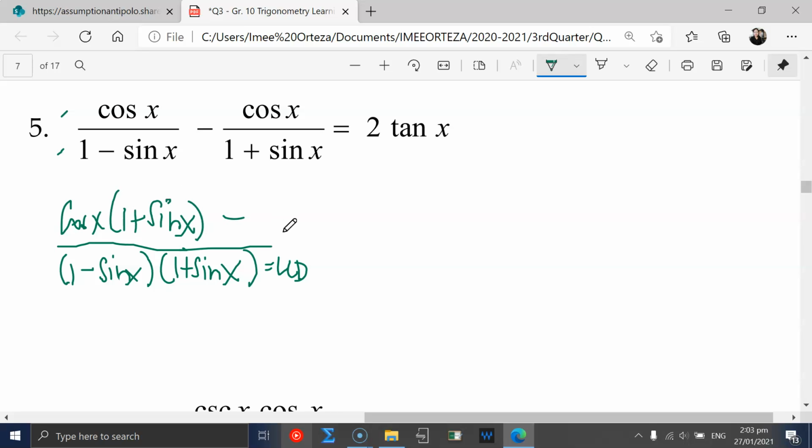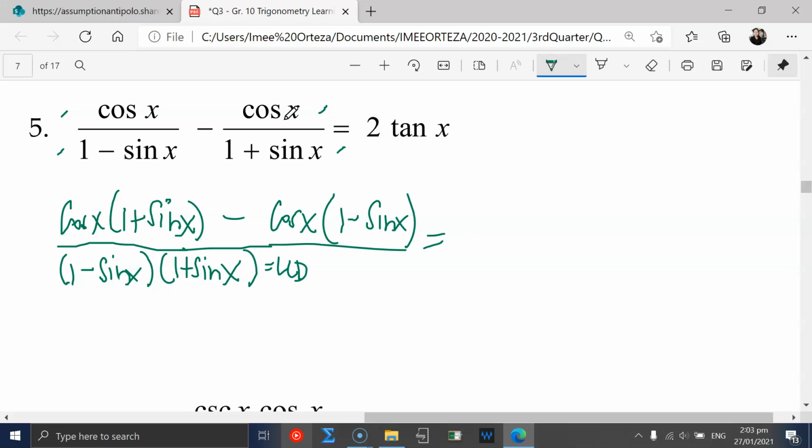And then the second fraction will be LCD divided by the denominator, then multiplied by the numerator. So this becomes cosine x times 1 minus sine x. Because this part has been cancelled out already from the LCD.